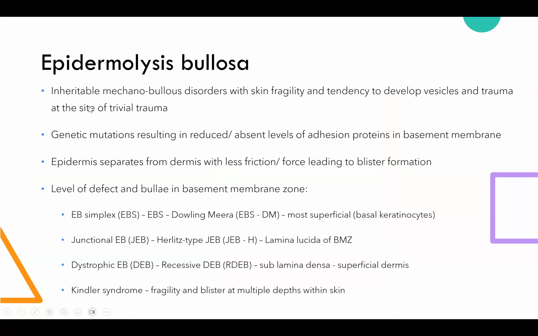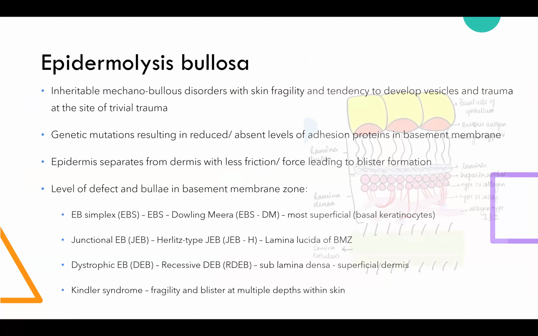Epidermolysis bullosa is an inherited mechanobullous disorder with skin fragility and tendency to develop vesicles at the site of trivial trauma. Genetic mutation can result in reduced or absent levels of adhesion proteins in the basement membrane. Here the epidermis separates from the dermis with very little friction and force. There are 4 different types of epidermolysis bullosa, where I am not going into detail.